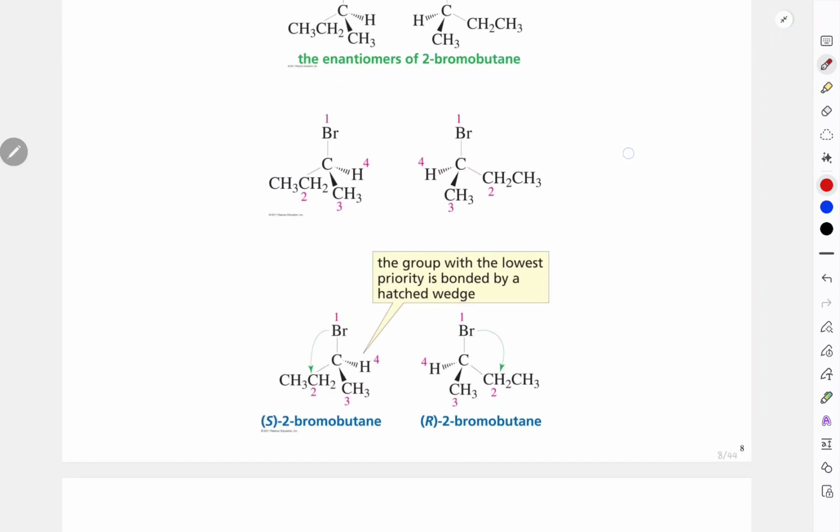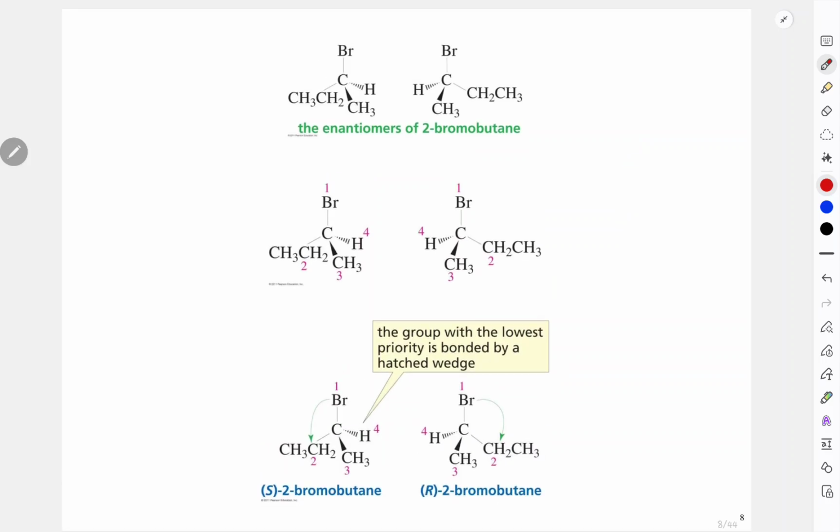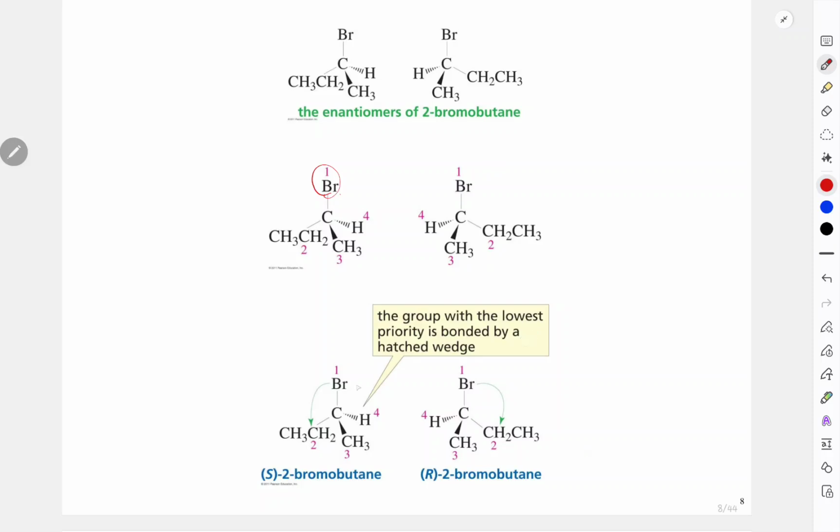In this particular case, you can rationalize these as the mirror images of each other. So if this is S, that means this asymmetric center has to be R. So S and R, R versus S, formulate the pair of enantiomers.